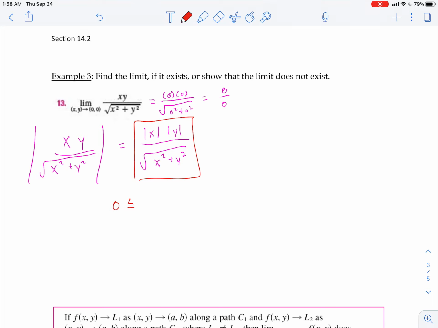So 0 is less than or equal to my function, because now that I put absolute value, it is always positive. And now I want to figure out, how far can I take this?